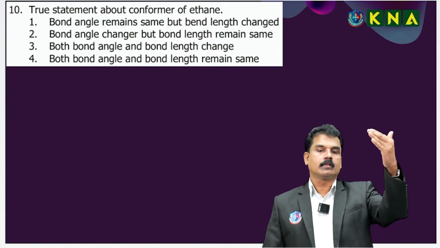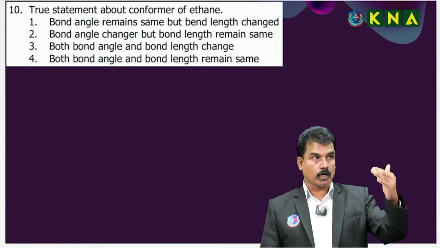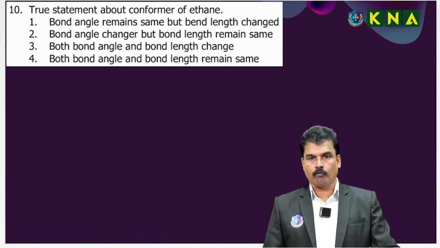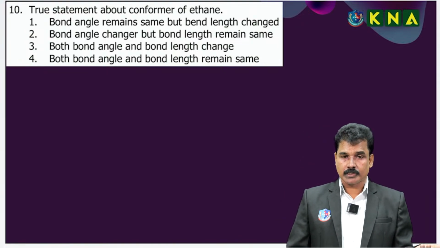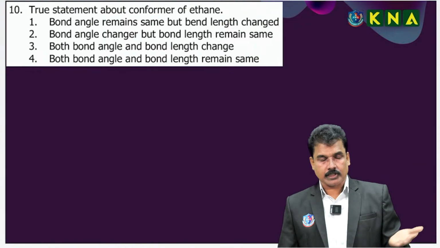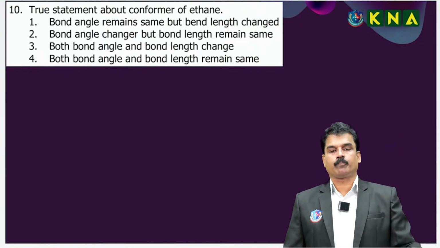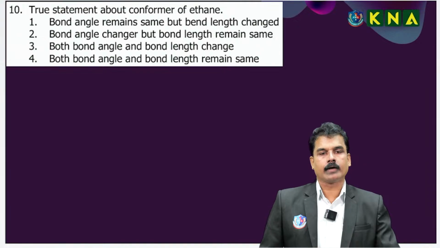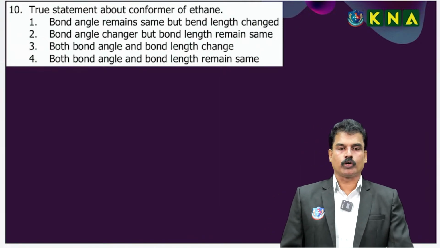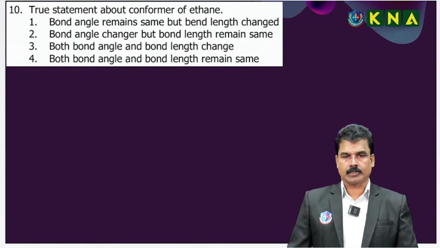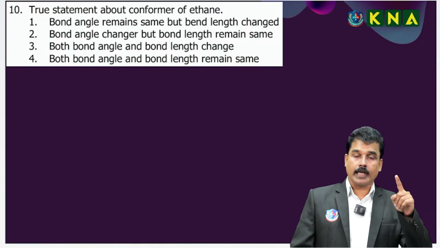The details are given in the NCERT textbook. Go through the sentences one by one. Their energy difference, rotation, restriction, all are clearly explained in the textbook, so go through the content. There is an energy restriction of 1 to 20 kilojoules.